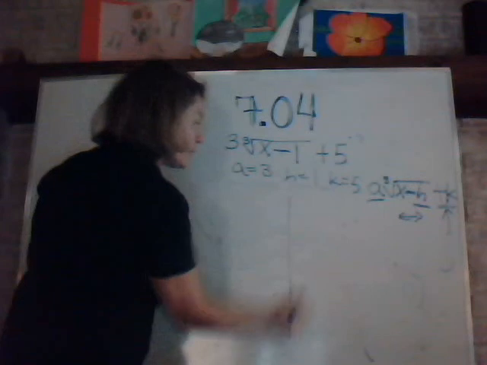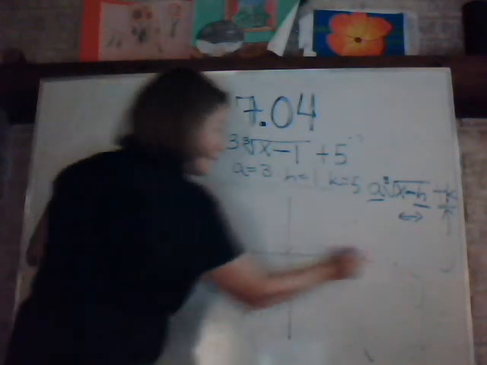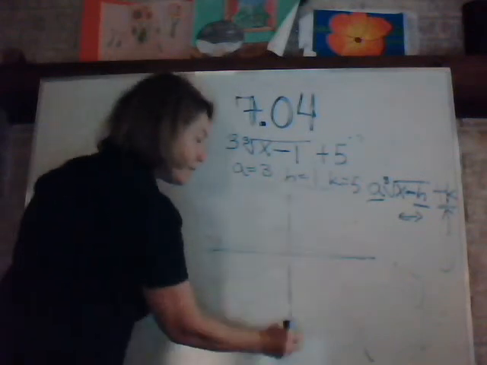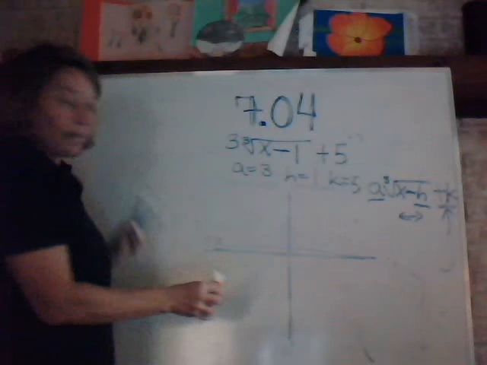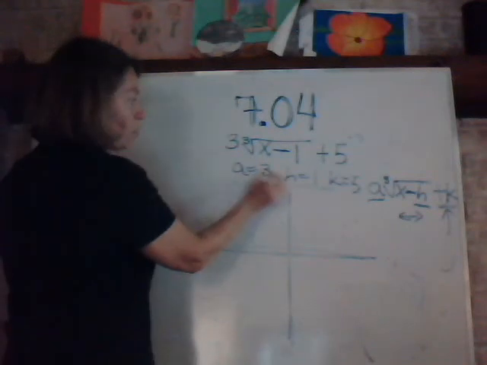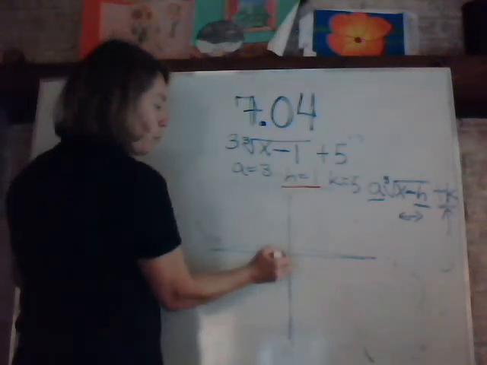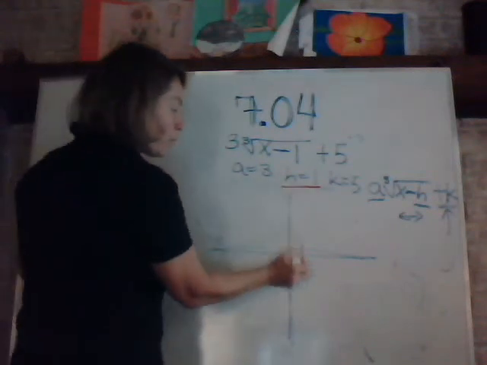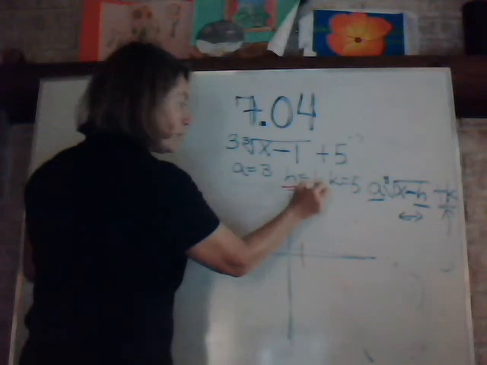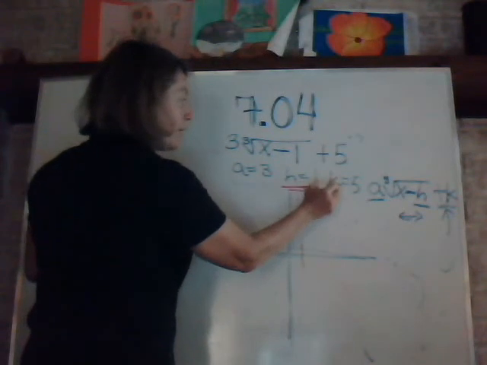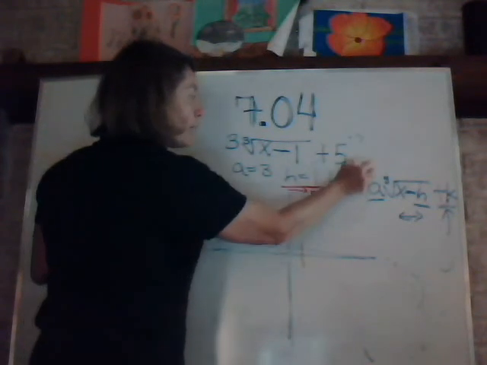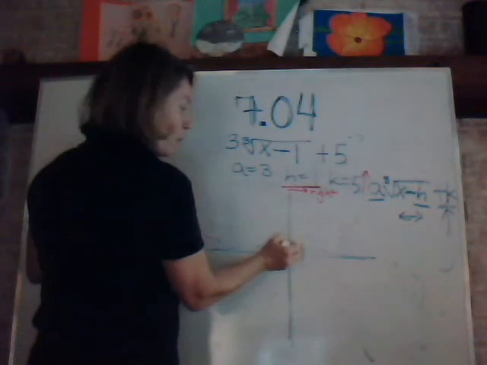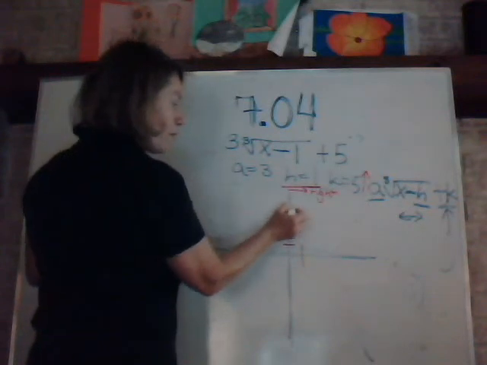Take our parent graph. So here is just an XY axis. I'm going to take my snake and shift it horizontally 1, so I'm going to the right 1. And since K is positive, I go up 5: 1, 2, 3, 4, 5.